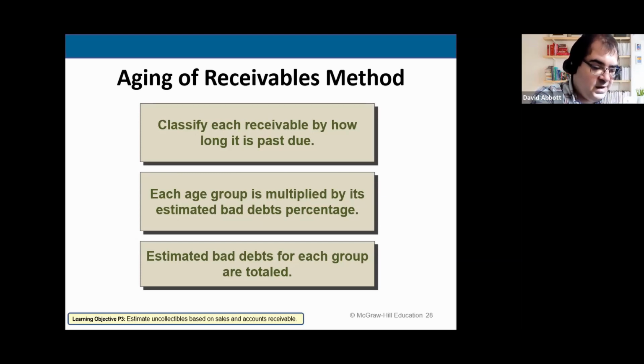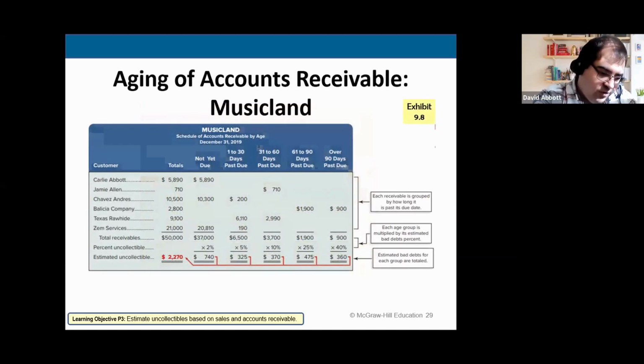Then estimates of uncollectible amounts are made, assuming that the longer the amount is past due, the more likely it is to be uncollectible. After the accounts are classified or aged, experience is used to estimate the percentage of each uncollectible class. These percentages are applied to the amounts in each class and then totaled to get the estimated balance of the allowance for doubtful accounts. See here a chart for Musicland.